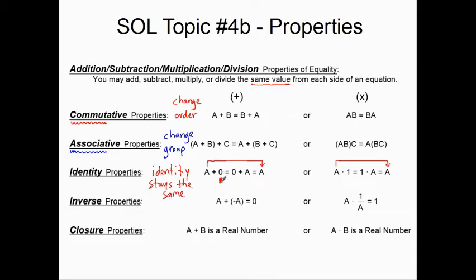Zero is called the additive identity, and 1 is called the multiplicative identity. They're the numbers that we can either add or multiply to something and not change the value.